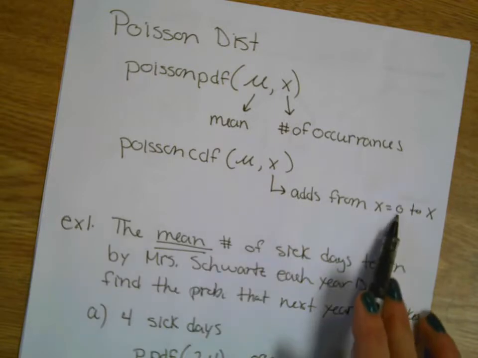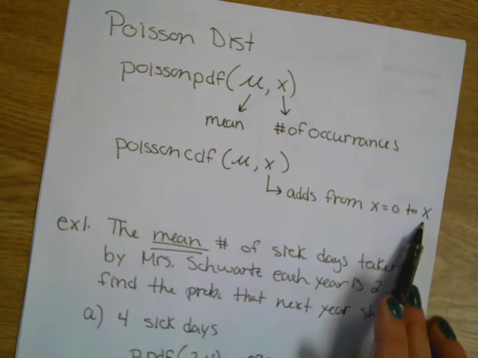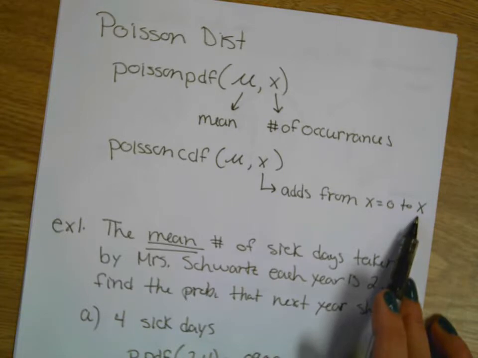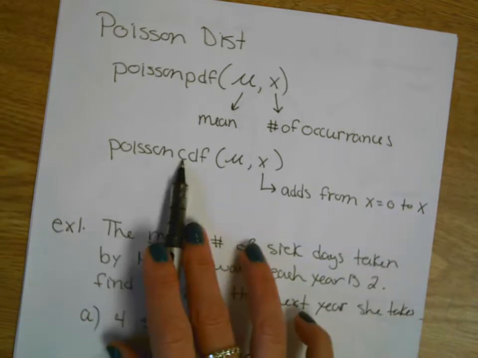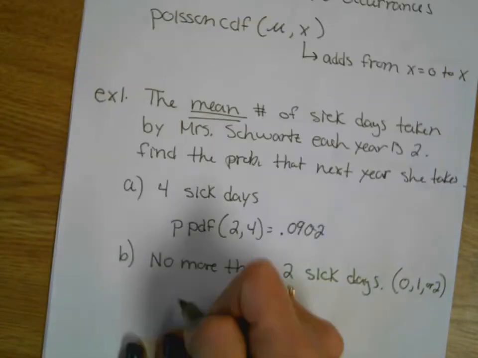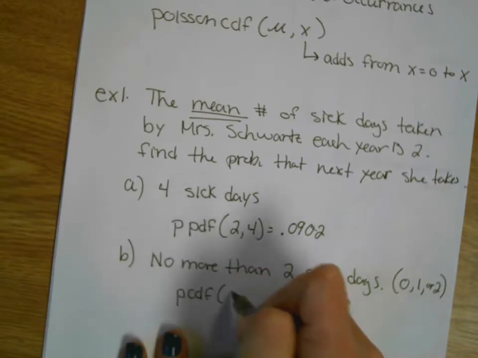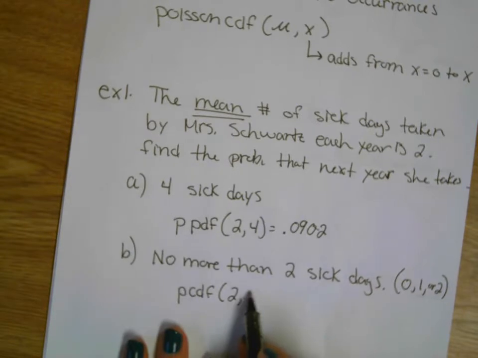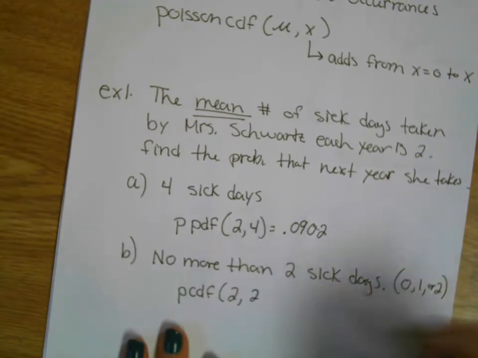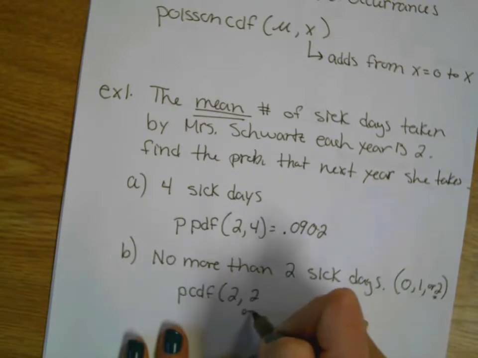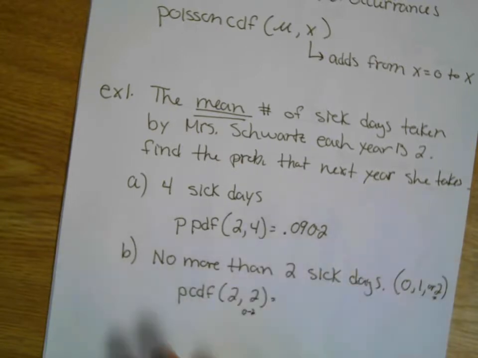It starts adding from 0 and will stop at whatever X number we put in. So if we use the Poisson CDF, 2, comma, what X number do I want to put in here? 2. Because of this, that will add 0 through 2.